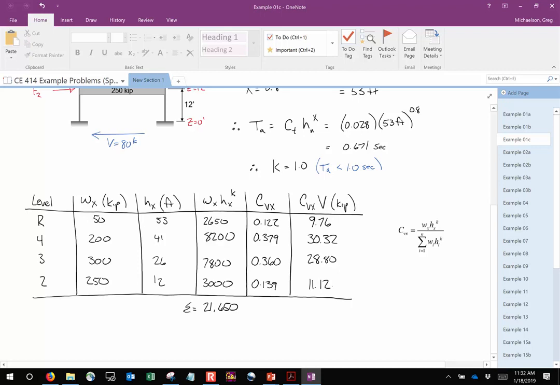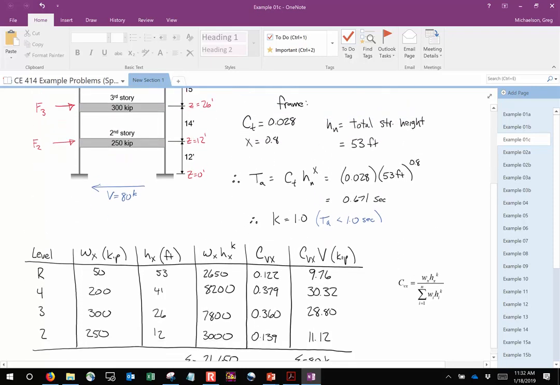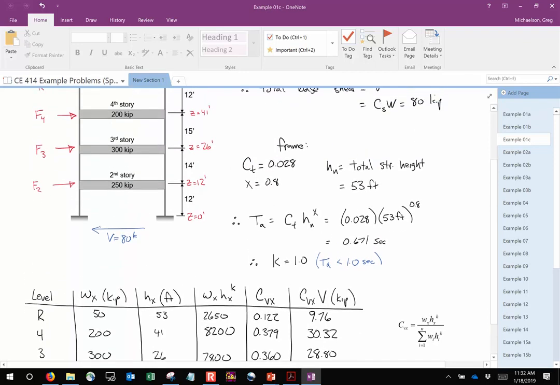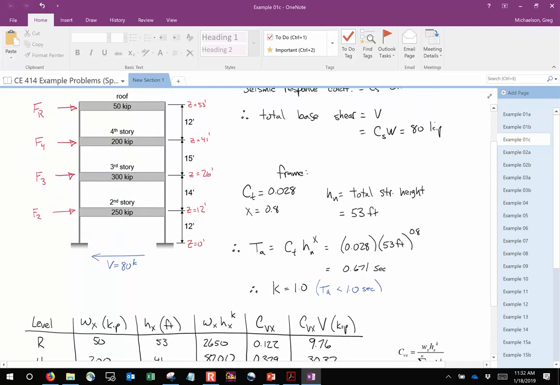All right, so just for sake of discussion, add these up. What do we get? Just to make sure our math's right. And keep in mind, we could do this in Excel, and we probably have some rounding and whatnot. 80, okay. So there you go. So you can say that F sub 2, here's the frame.